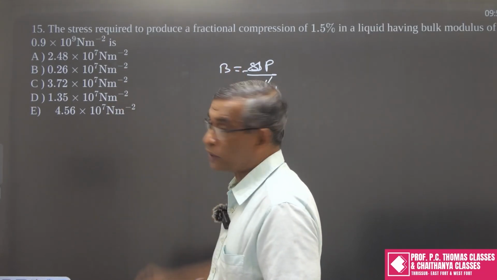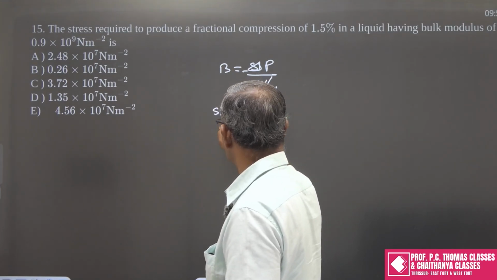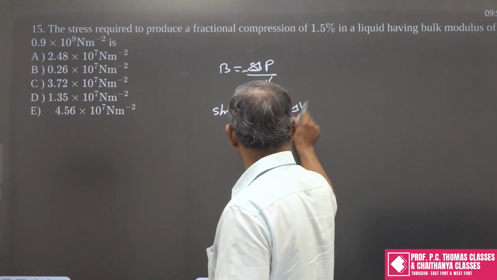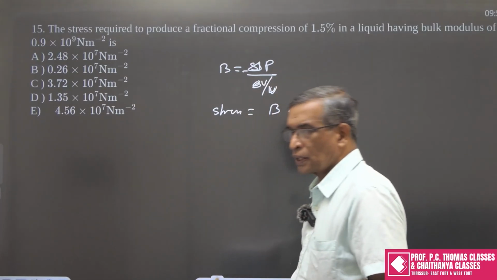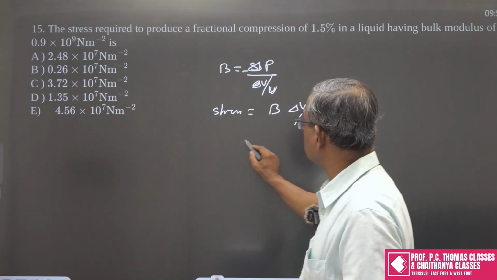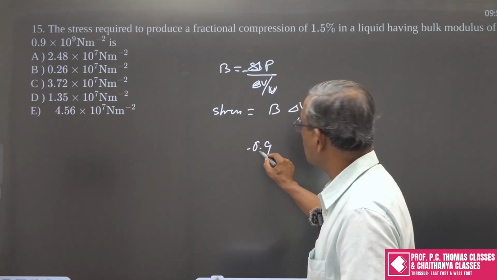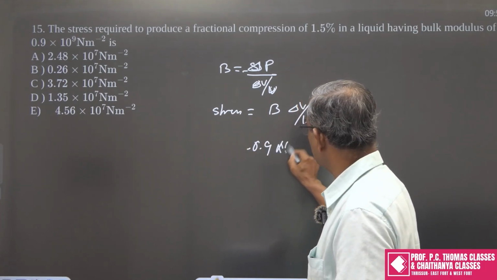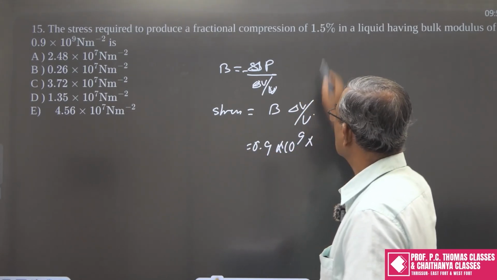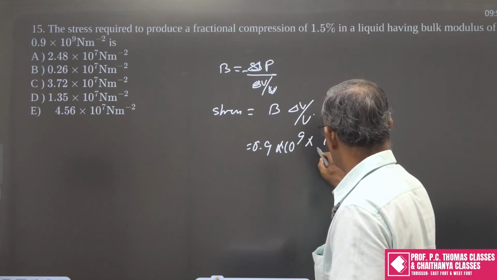And here the question is what is the pressure, the stress required. So stress is given by B into delta V by V. The bulk modulus is given to you, that is equal to 0.9 into 10 raised to 9, into delta V by V in percentage, 1.5 by 100.